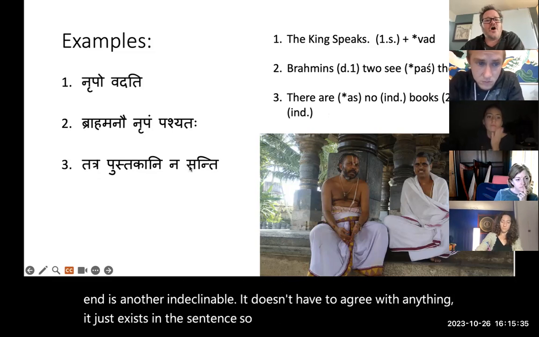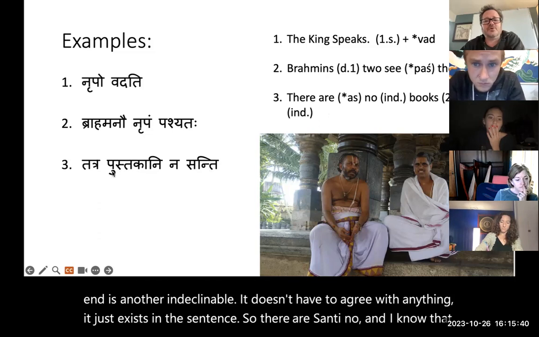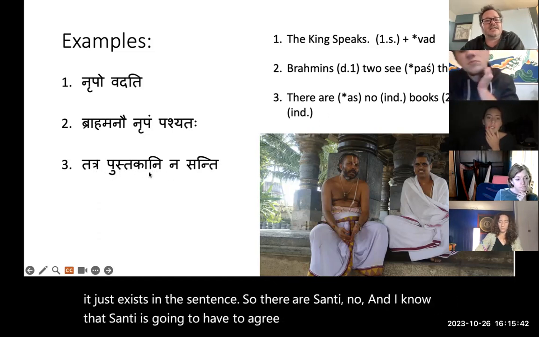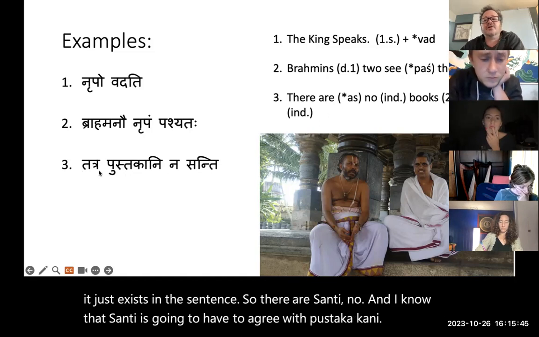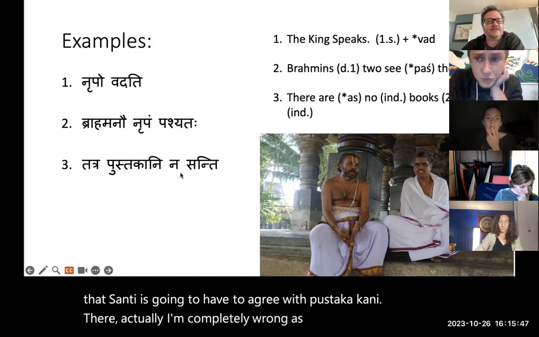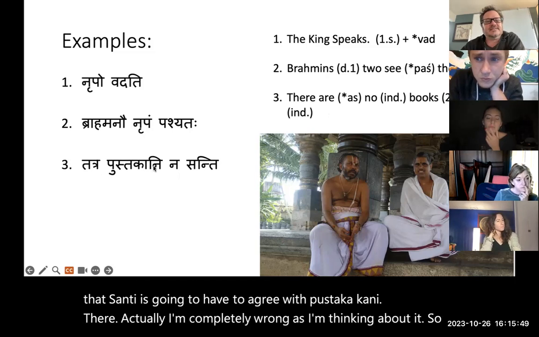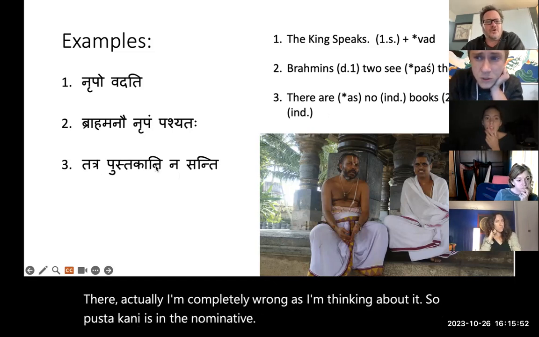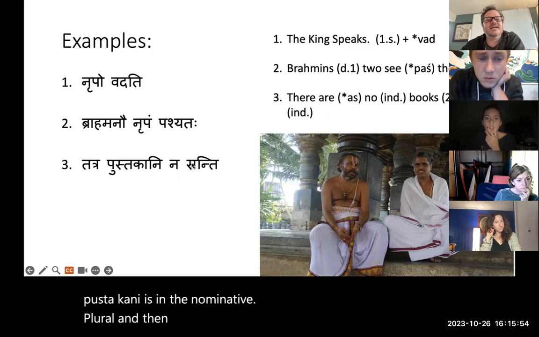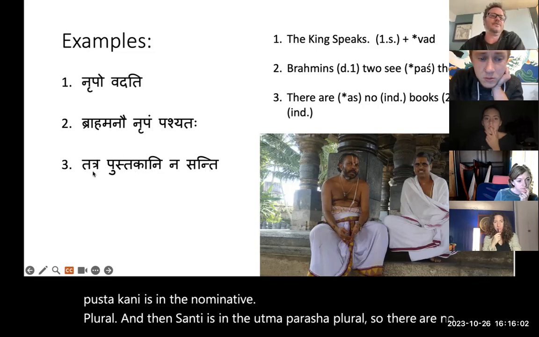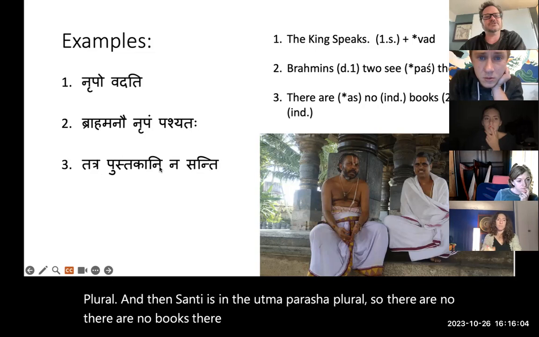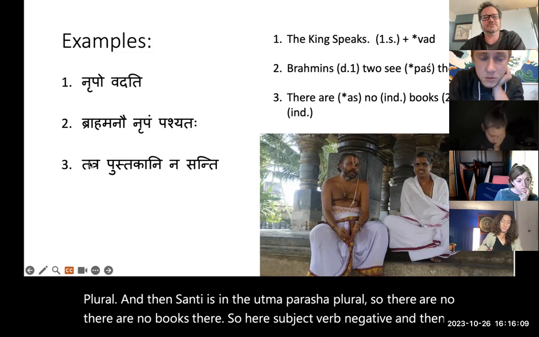So there are santi, no, and I know that santi is going to have to agree with pustakani. Oh, actually, I'm completely wrong as I'm thinking about it. So pustakani is in the nominative, plural, and then santi is in the Uttama Purusha plural. So there are no books there. So here: subject, verb, negative, and then a location.